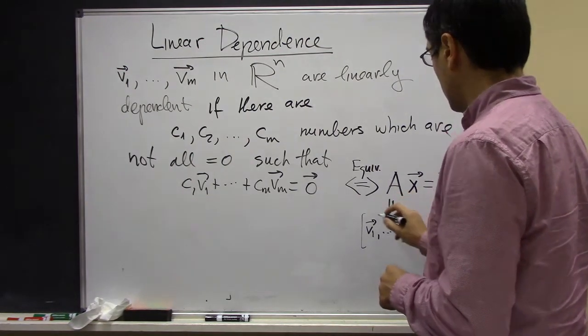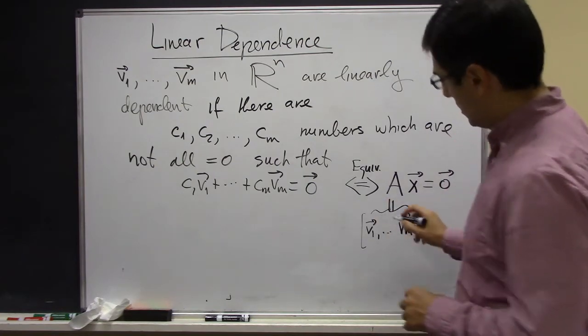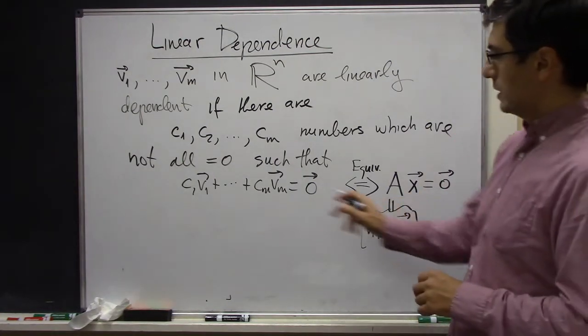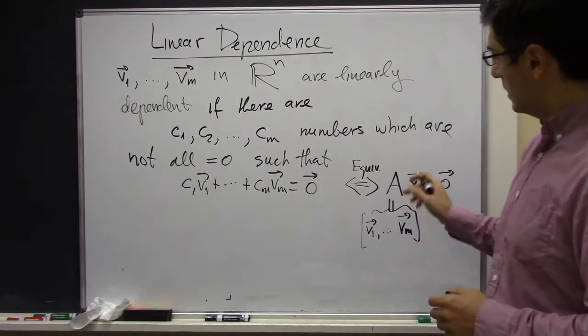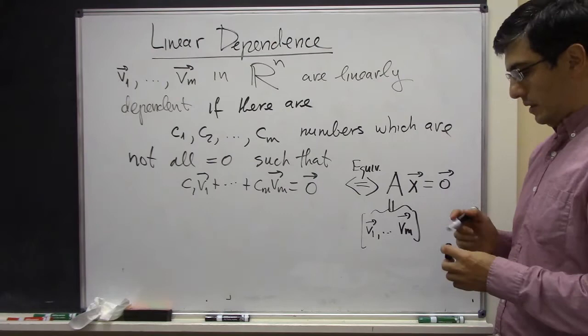So if you take A to be this particular matrix, then linear dependence is equivalent to a question that we discussed even earlier.